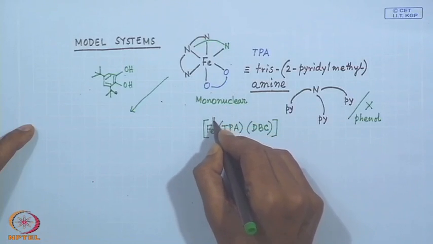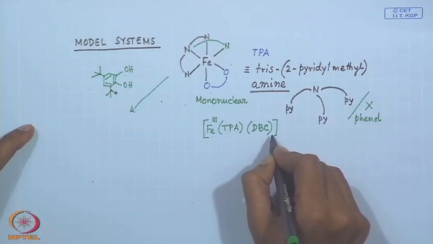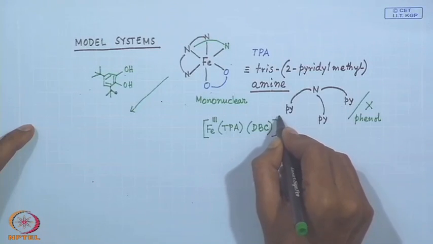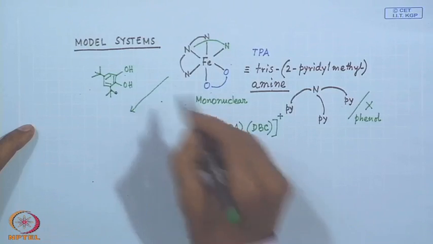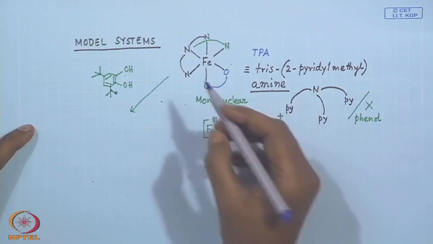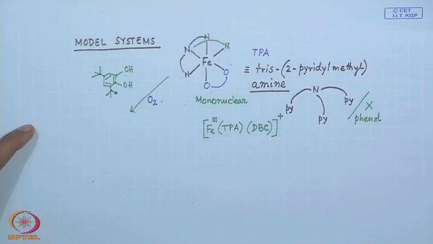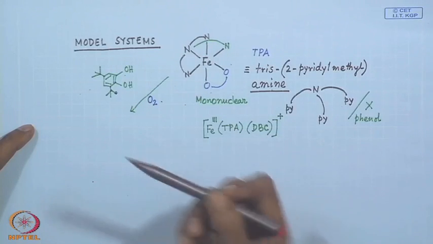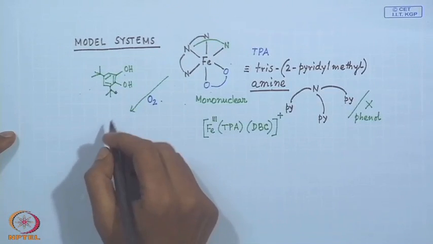But here the synthesized complex is in the +3 oxidation state, and catechol is providing 2 negative charge. So, the overall compound is cationic. When we allow this compound to react with molecular oxygen, we get something, and this is a typical model compound.